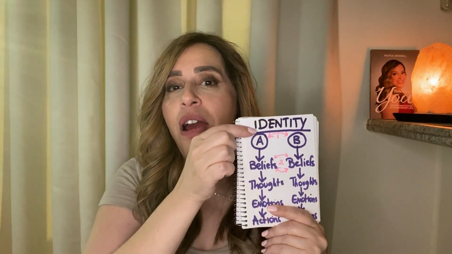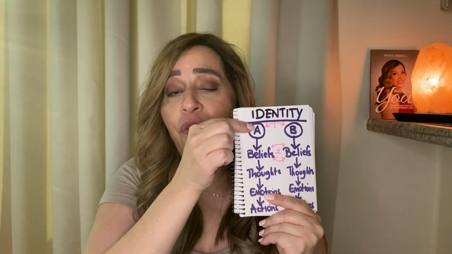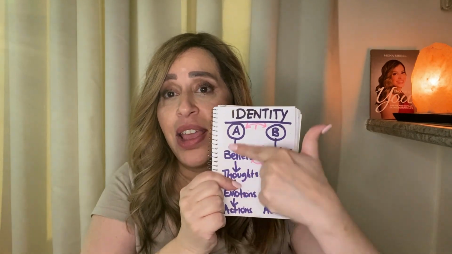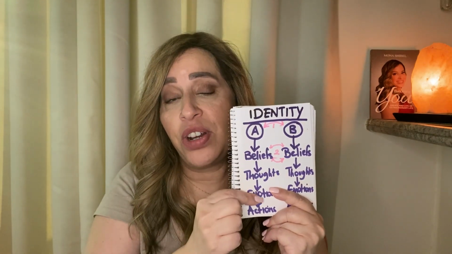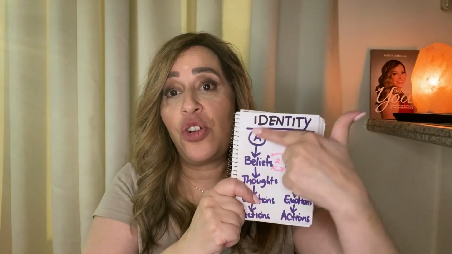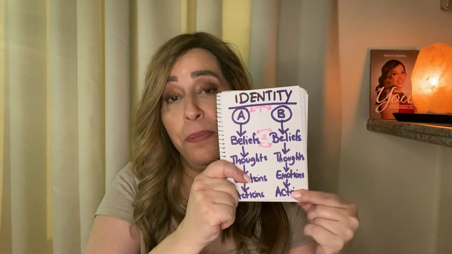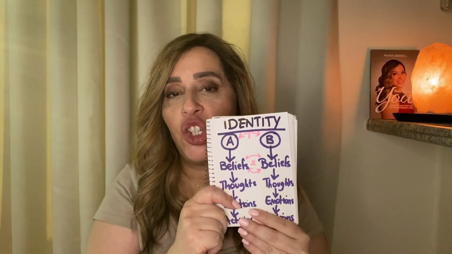So if you are in lack, you don't have the money, you're here. In B, you have the money. If you are not in a loving relationship, this is A, you're gonna move into B, having the loving relationship.